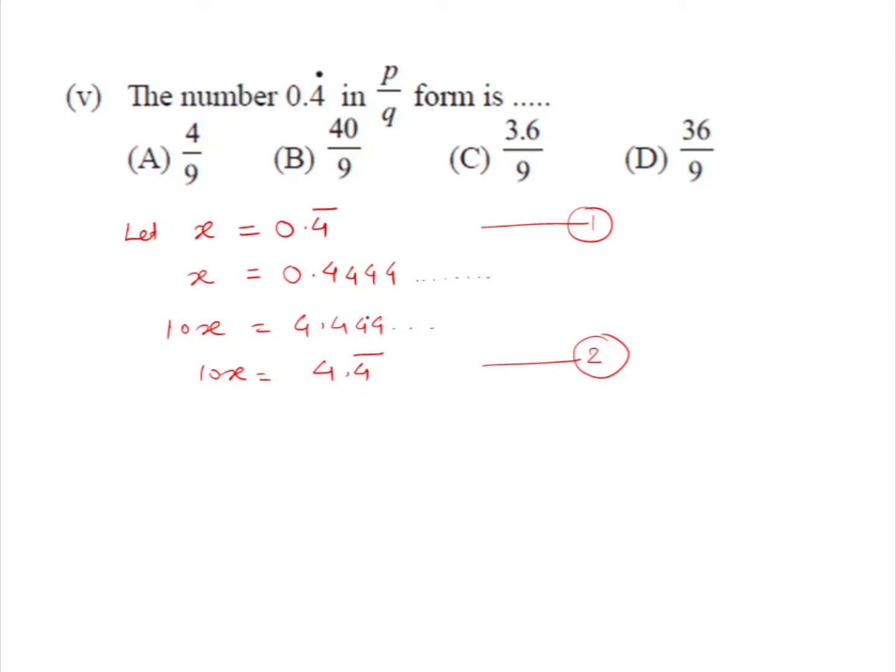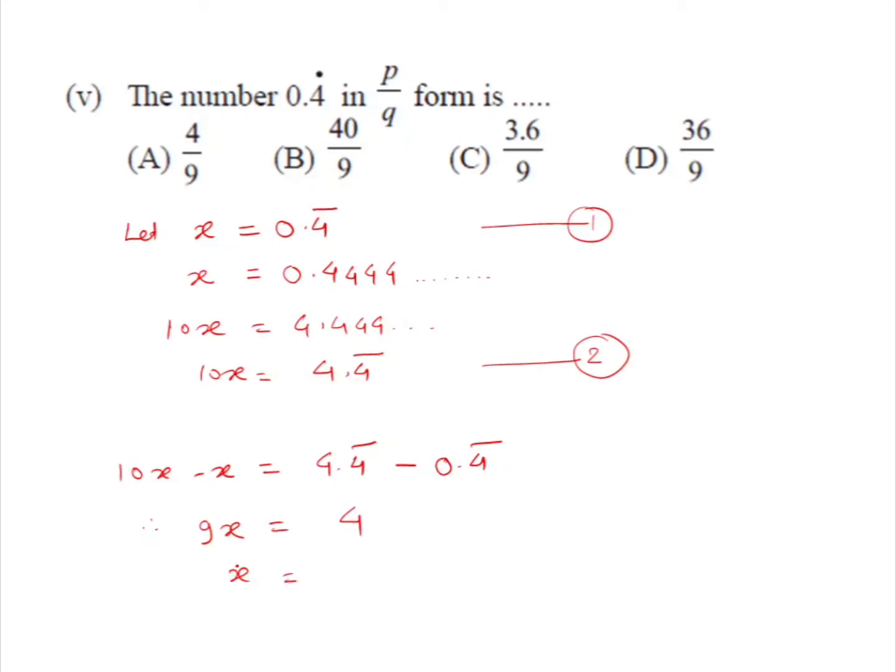If we subtract equation 1 from equation 2, we get 10x minus x on the left hand side, and on the right hand side 4.4 recurring minus 0.4 recurring. So we get 4, and on the left hand side 10x minus x, that is 9x.